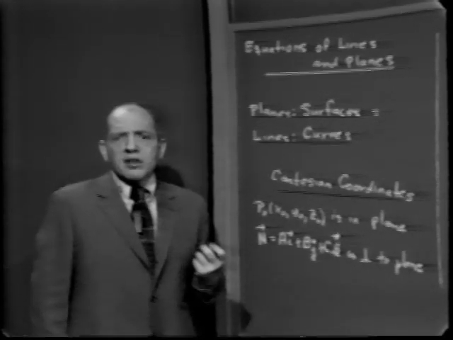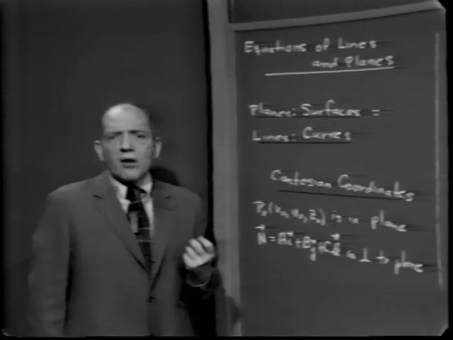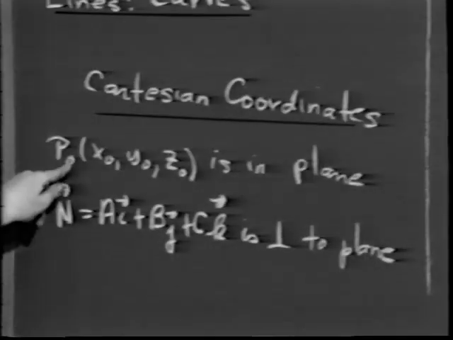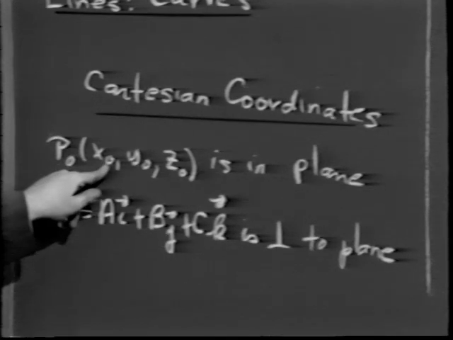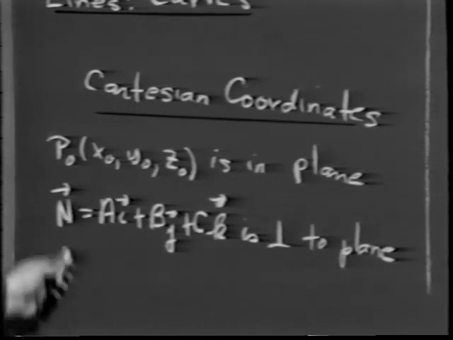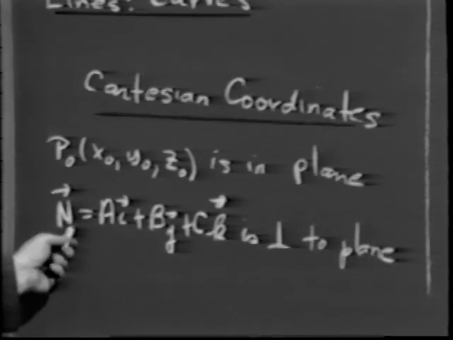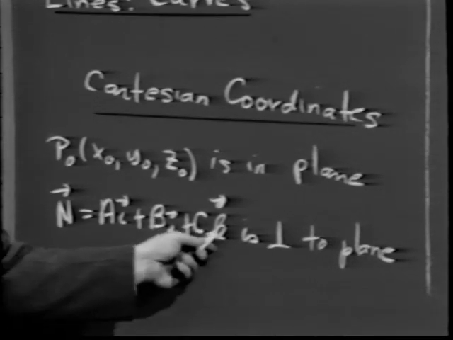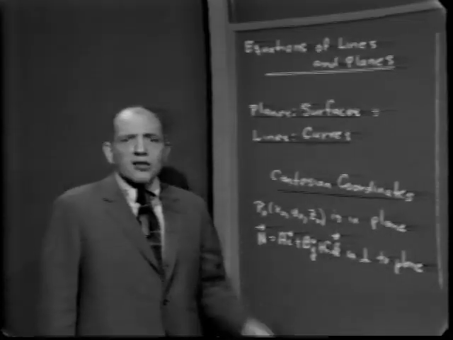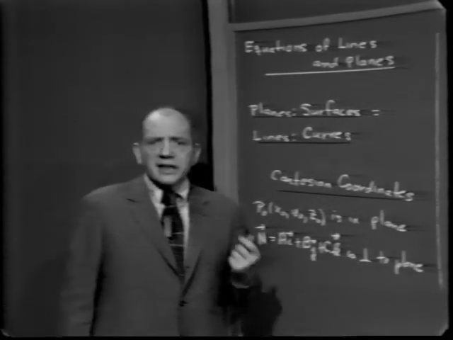In other words, the approach that we're going to use is, let's suppose that we know a point that we want to be in our plane, and we'll call that point P0. We'll denote it generically by x0, y0, z0. And let's let capital N denote the vector ai plus bj plus ck, which is perpendicular to our plane. Okay? So we're given a vector perpendicular to the plane.